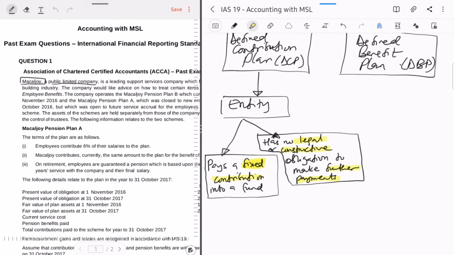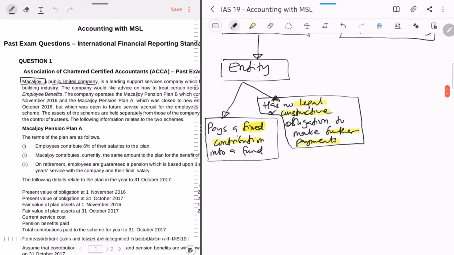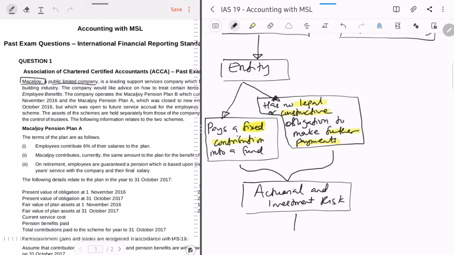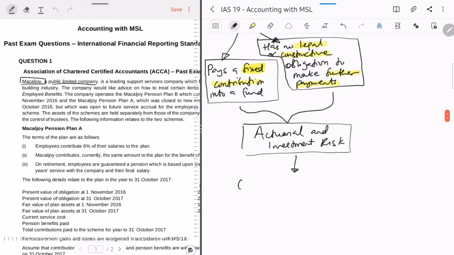So, following from all of this, there's something called actuarial and investment risk. This is placed on the employee. What do I mean by actuarial and investment risk?